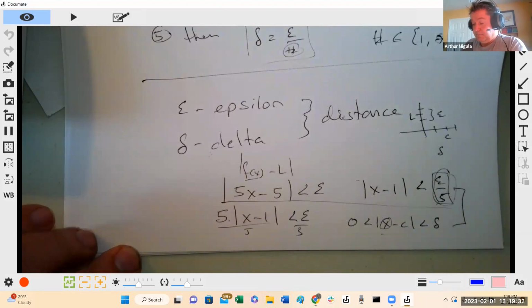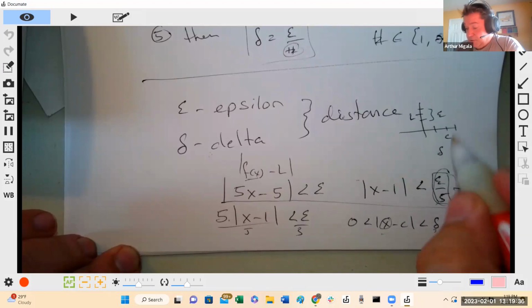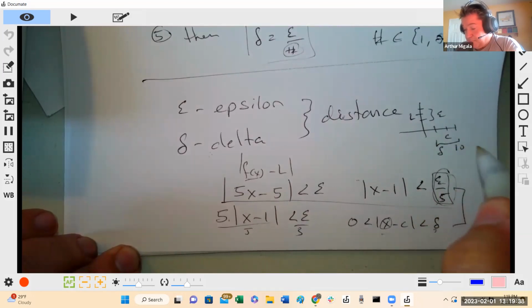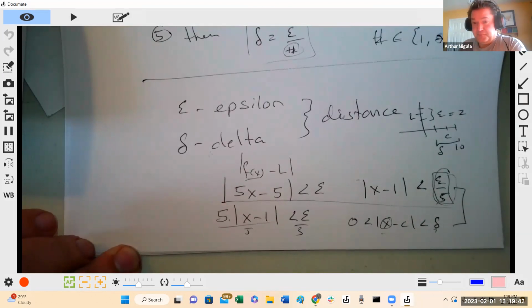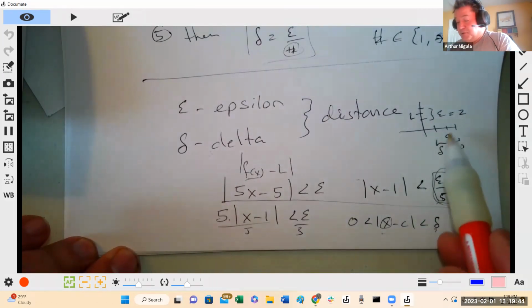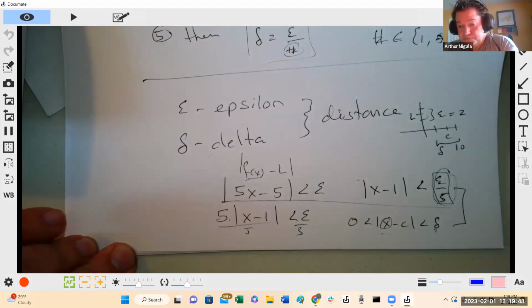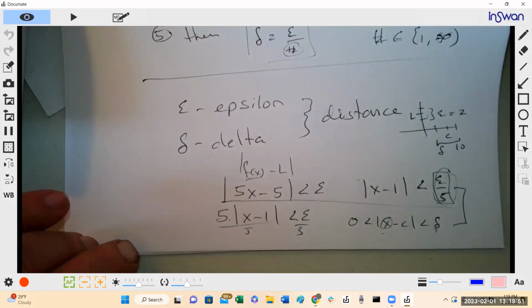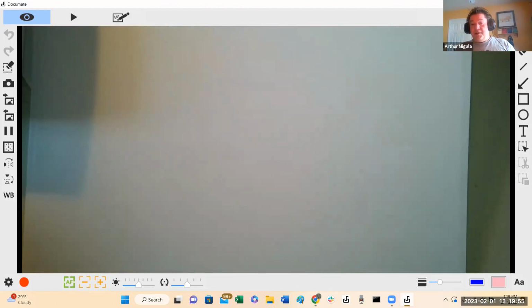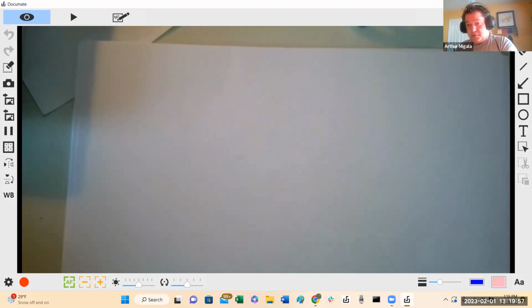So if this was 10, between here and here was 10, between here and here is 2 because I divided by 5. So as that one gets closer, this one gets even much closer. Gotcha. Okay, thank you. And we will be faced with some situations where limits do not exist.